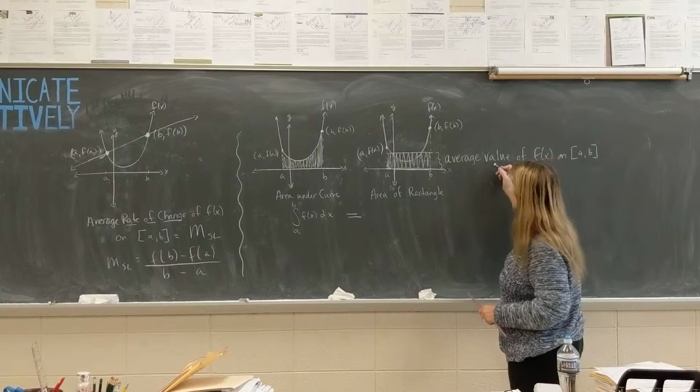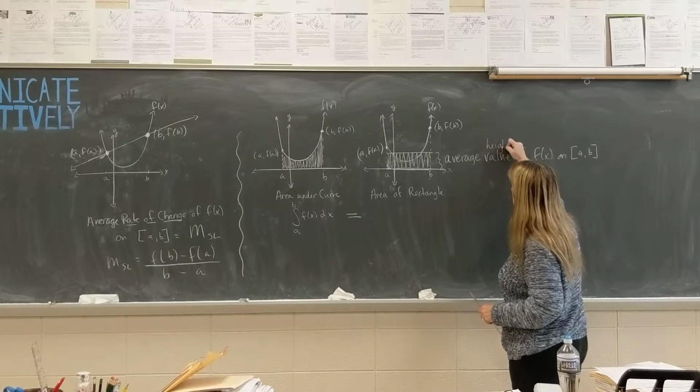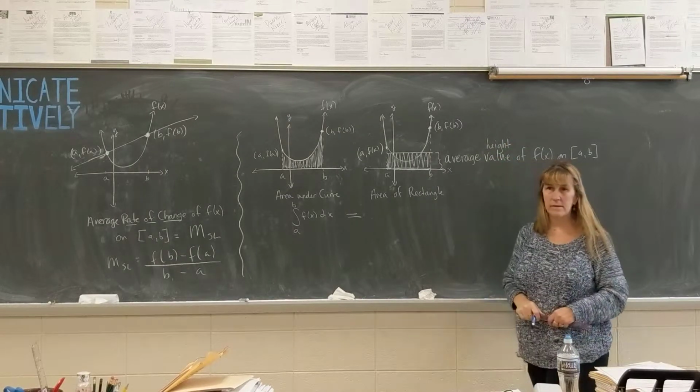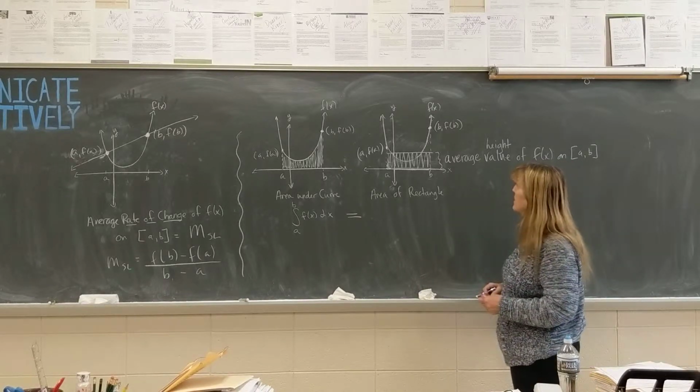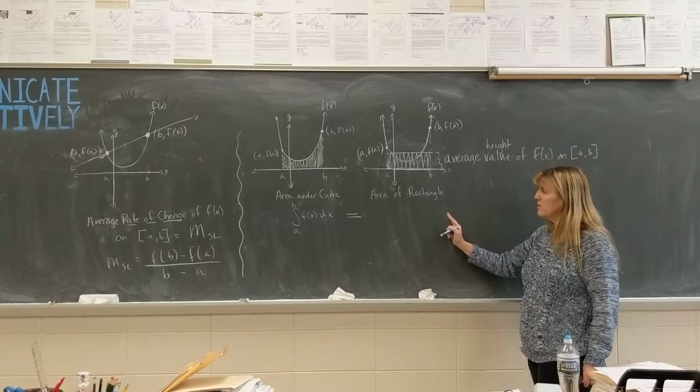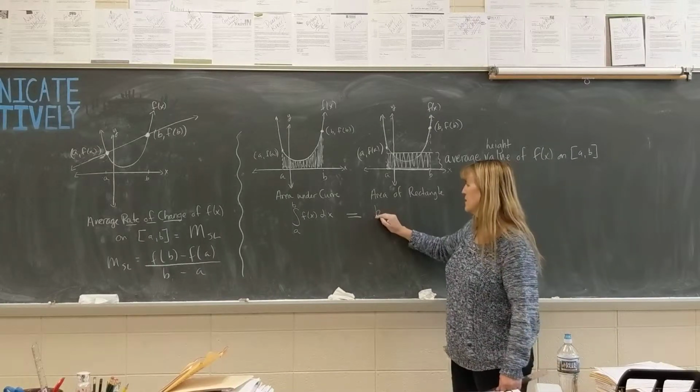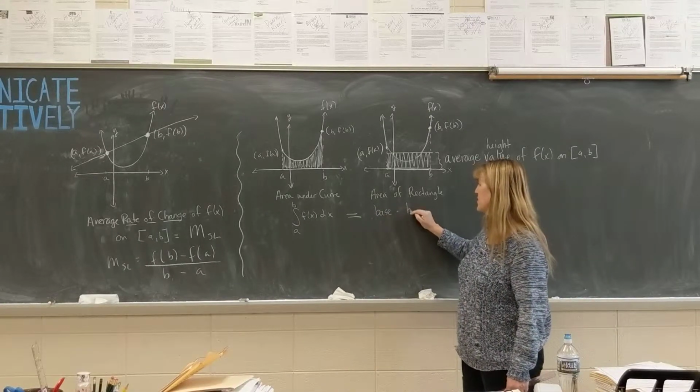That's the average value. It's the average height. So the area of this rectangle is base times height, right? Base times height.